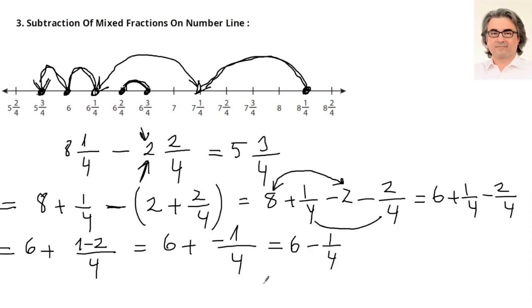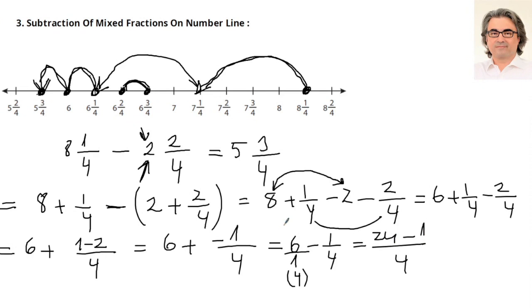What is this? Equalize denominators. The denominator of 6 is 1, and if you equalize denominators, multiply by 4. 4 times 6 is 24. 24 minus 1 over 4 is the result.